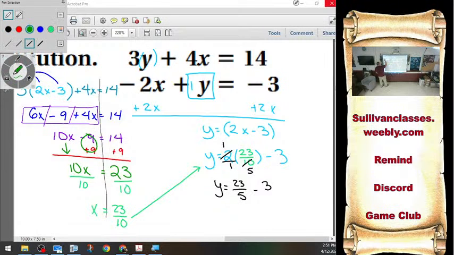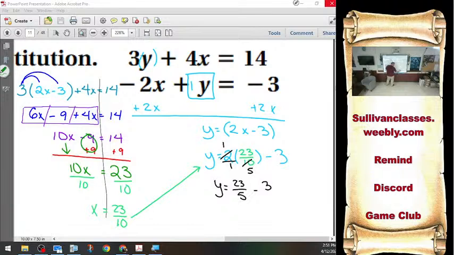You can either just take 23/5 minus 3 in your calculator, or times 5 times 5, turning that into 23/5 minus 15/5 is 8/5.